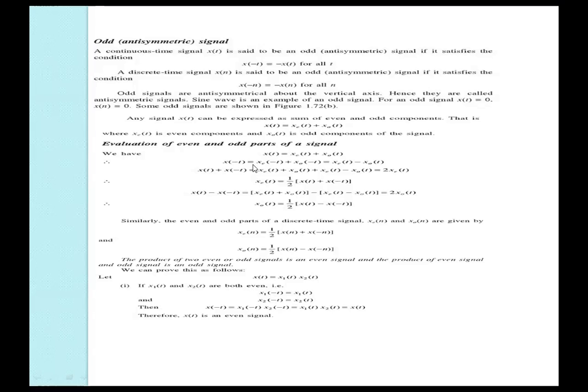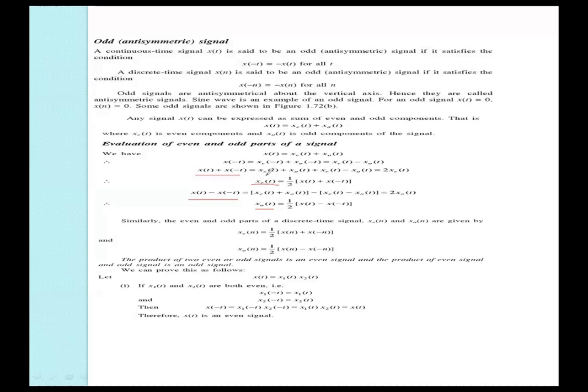Adding the two signals, x of t and x of minus t, you get the even part, 1 by 2 into x of t plus x of minus t. Subtracting the two signals, you get the odd part, 1 by 2 into x of t minus x of minus t.